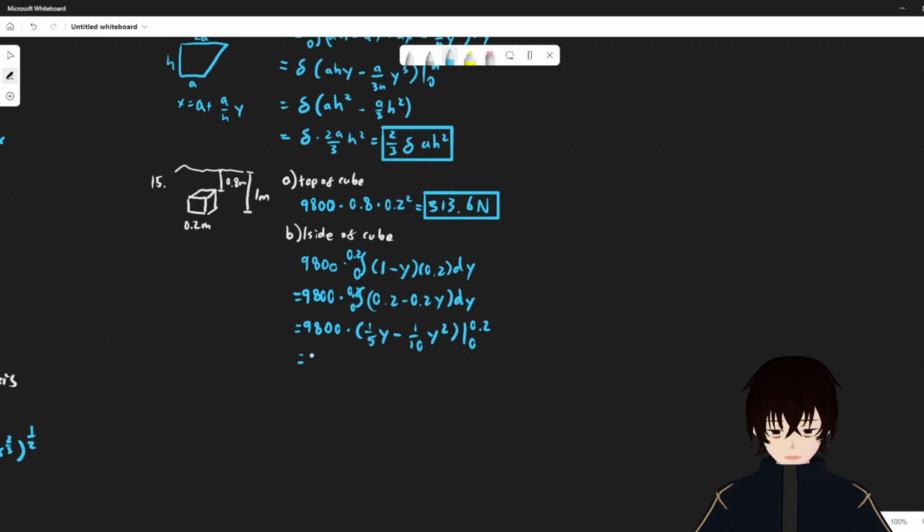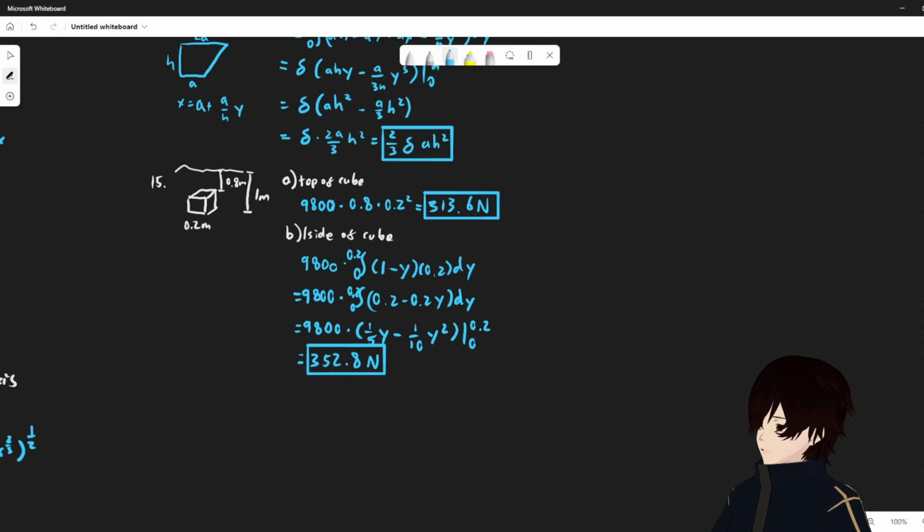Calculator says the magic number is 352.8 newtons. Remember the units. Perfect rectangle, and that's right.